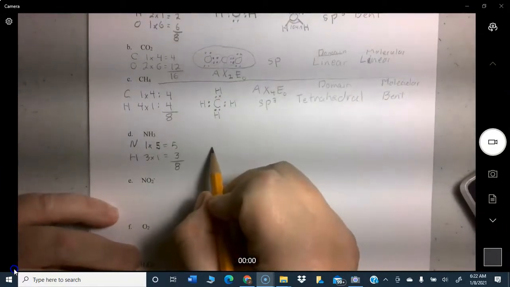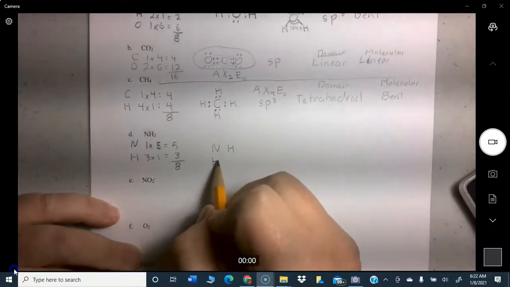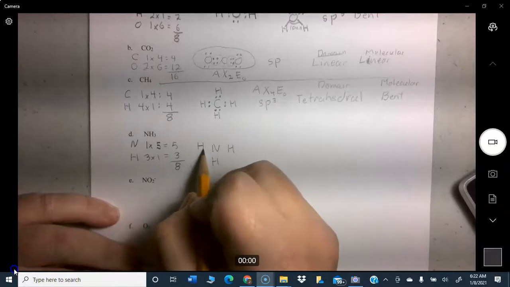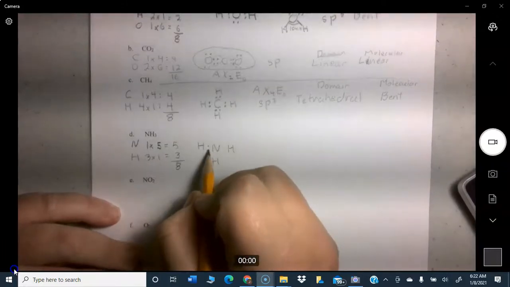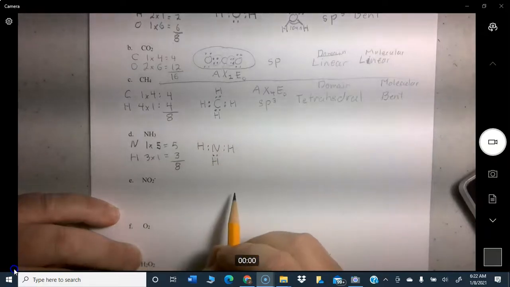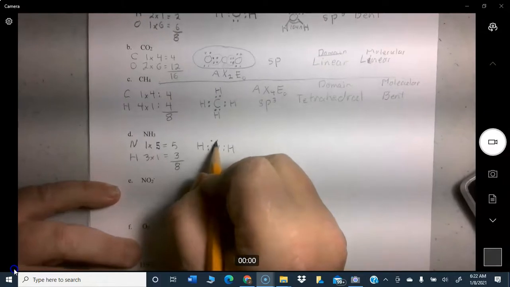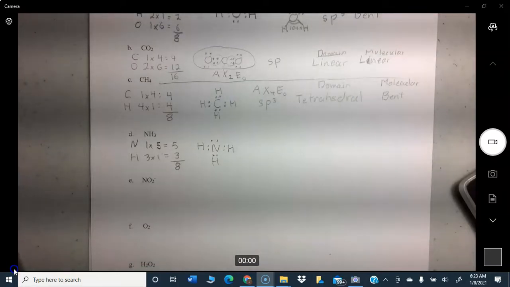So we're going to do this. Right, so everything has an octet there, and that is the Lewis dot structure for ammonia. Now we're going to go over to the chart.